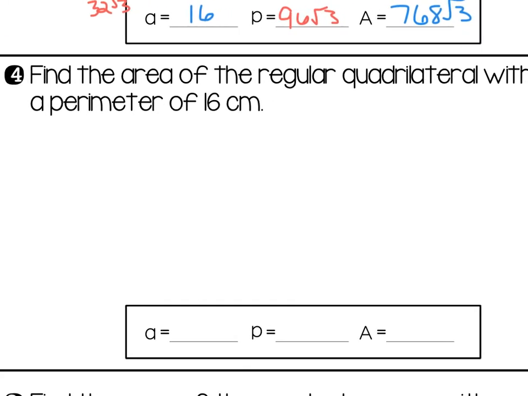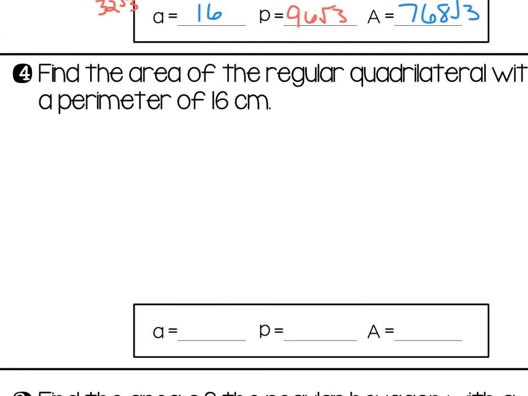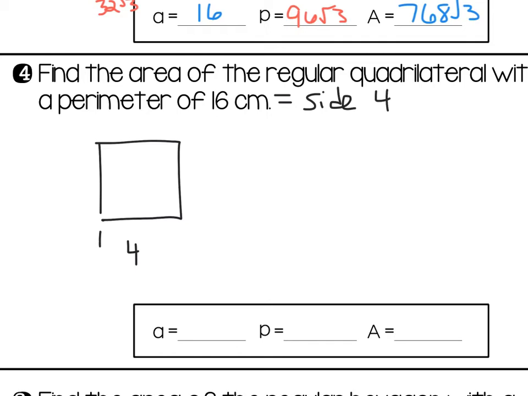Find the area of a regular quadrilateral with a perimeter of 16. I'm going to draw my regular quadrilateral, aka a square. With a perimeter of 16, my sides are going to be 4. If my whole side is 4, then the half for my triangle is going to be 2, and it makes a 45, 45, 90, so my apothem is 2.